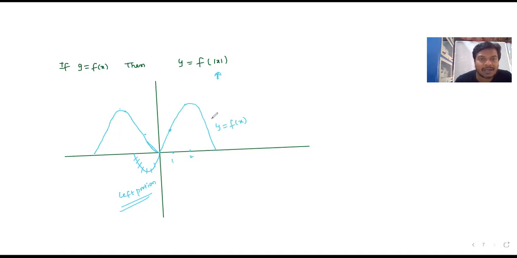Next, when you have y equal to f of mod x, the graph exists, pink colored with dotted lines, in this way.